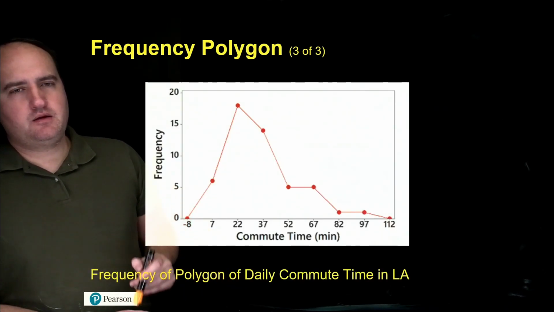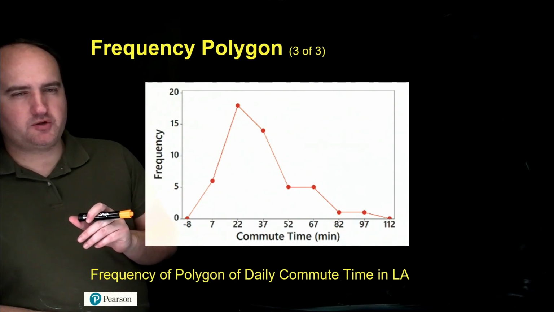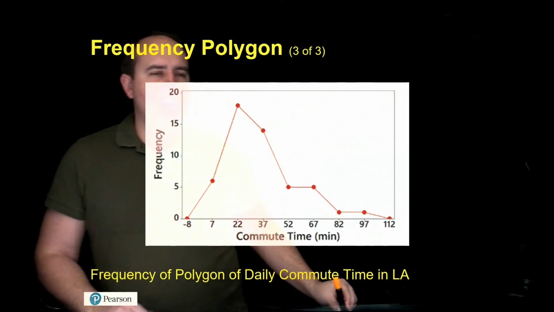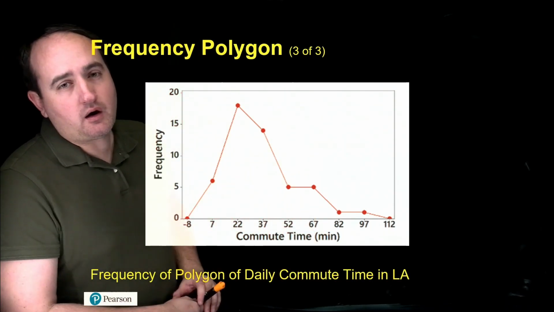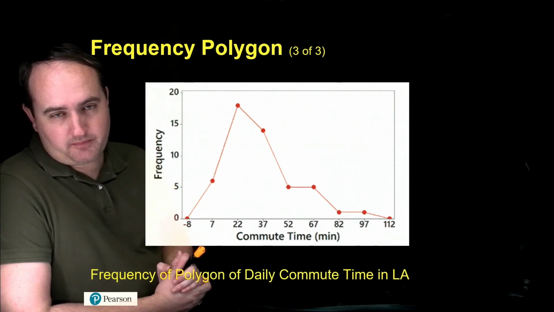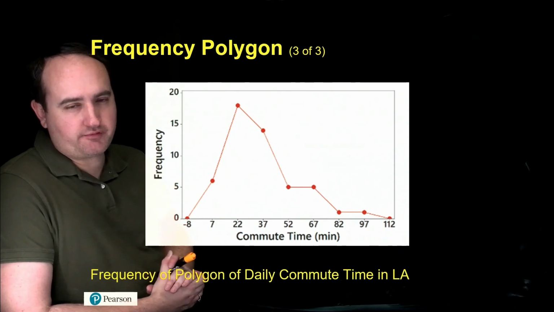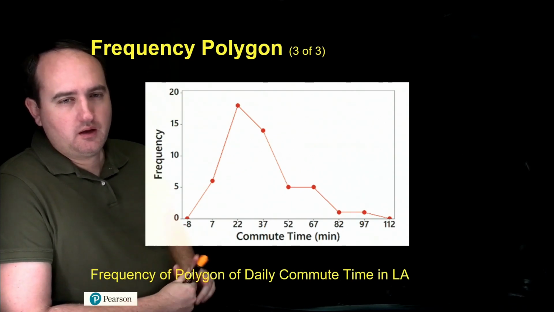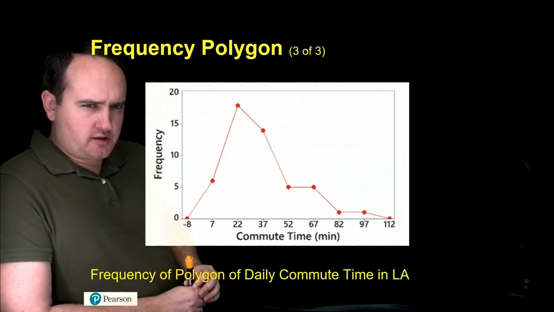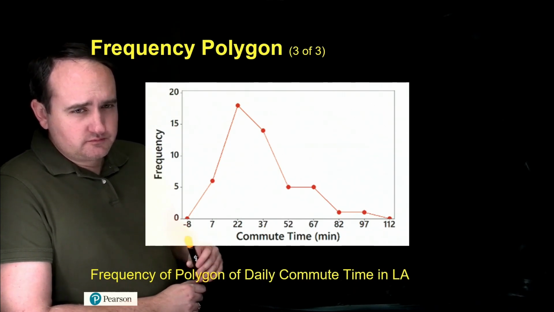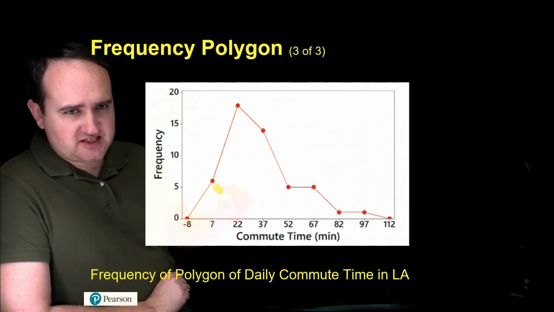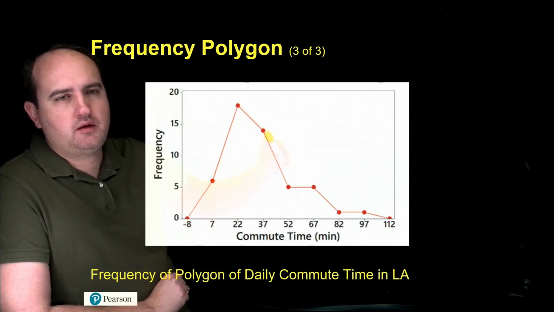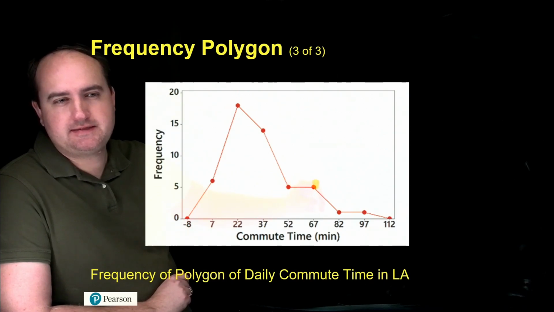But that being said, here's an example of a frequency polygon. This is actually taken from the daily commute times that we constructed our histogram from and our frequency table from in 2.1 and 2.2. So why do you think they call it a polygon? Well, you still have sides, and then you have dots, which represent vertexes or vertices.